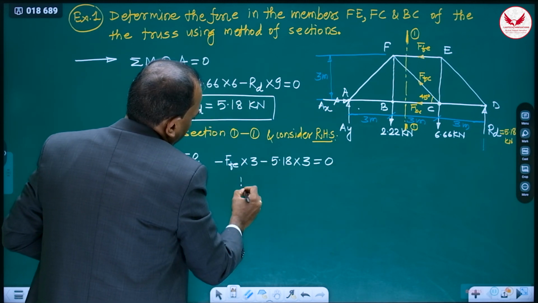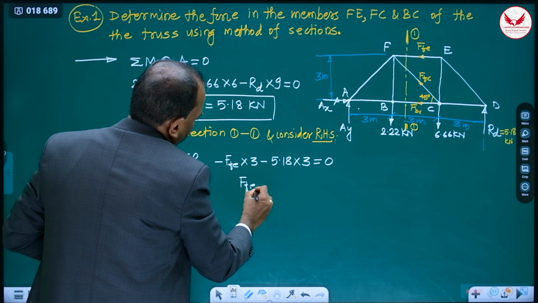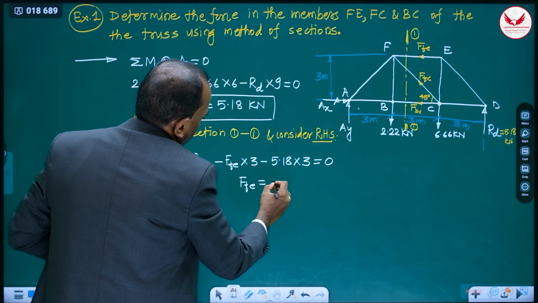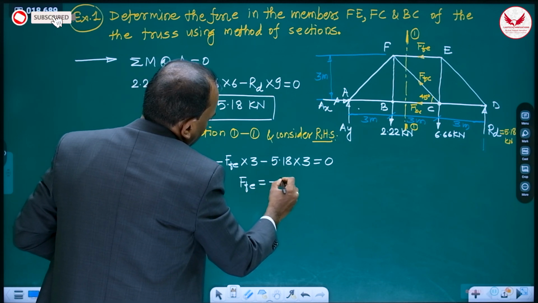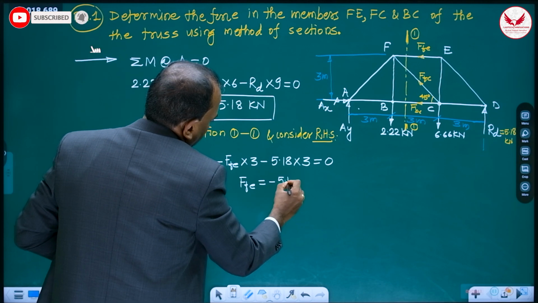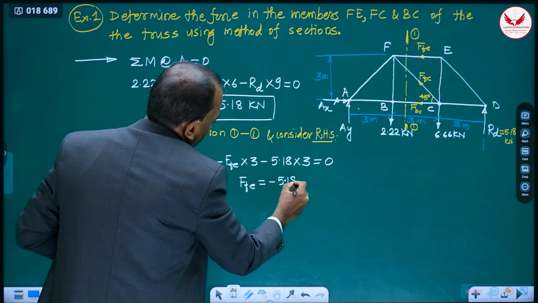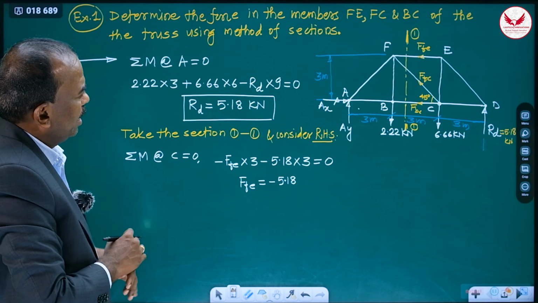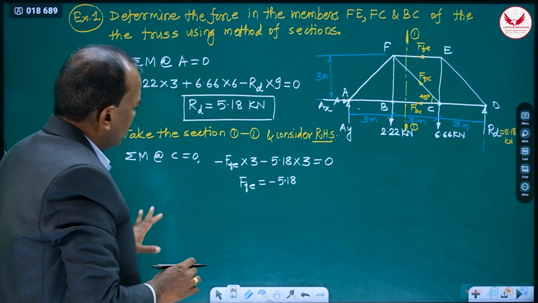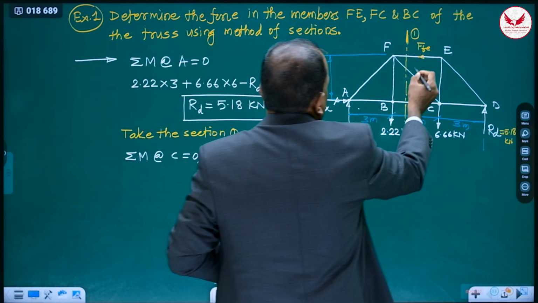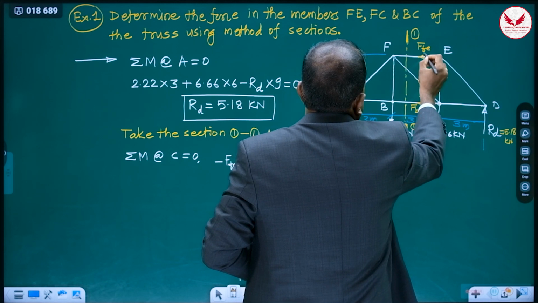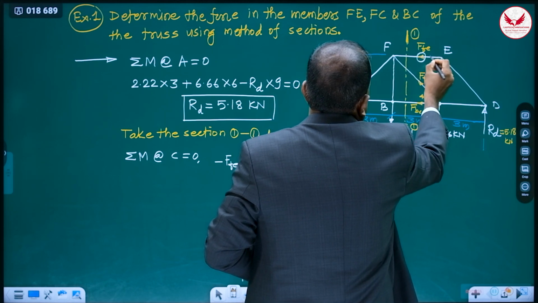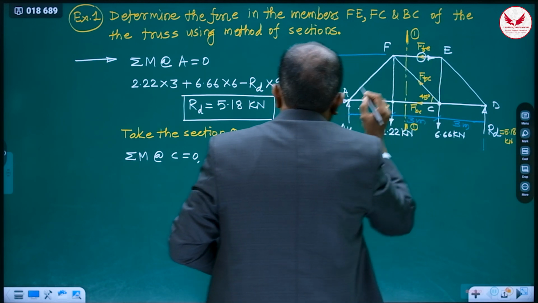Means what will happen? FE is equal to minus 5.18. And whenever we are getting the minus sign, that means our direction is wrong. Hence, it is not tensile member. So it is going to be compressive member. Means in the next line, what you have to do?